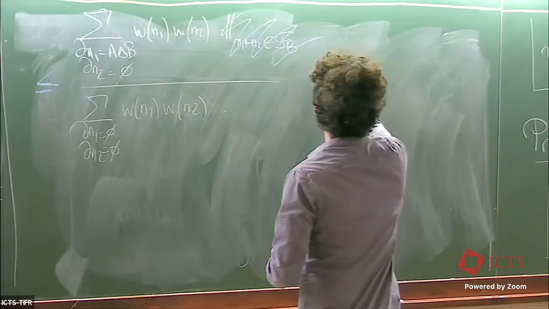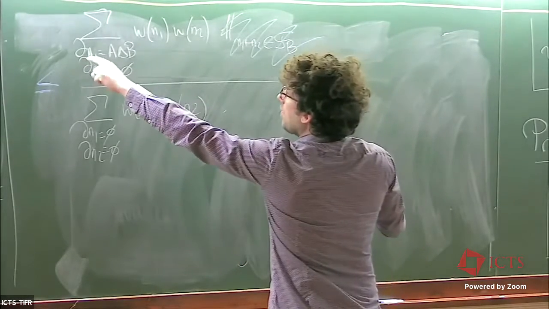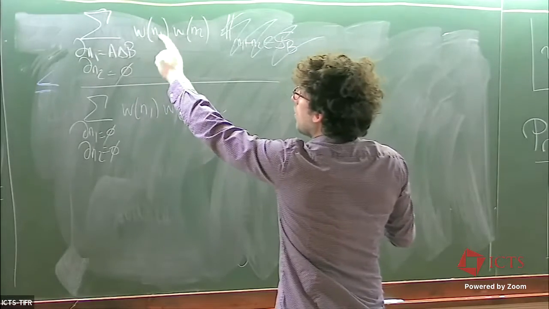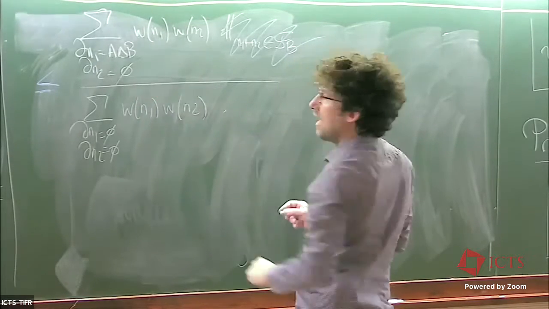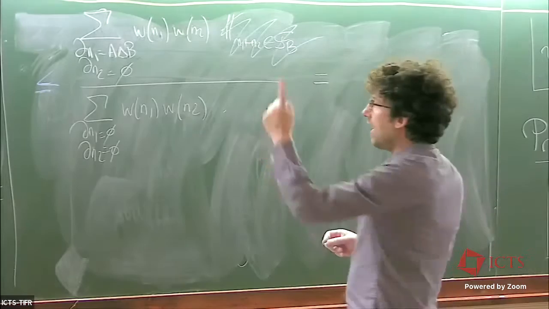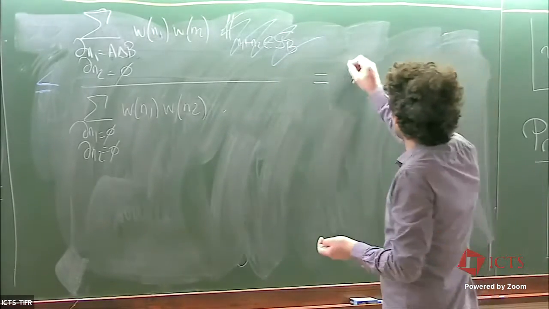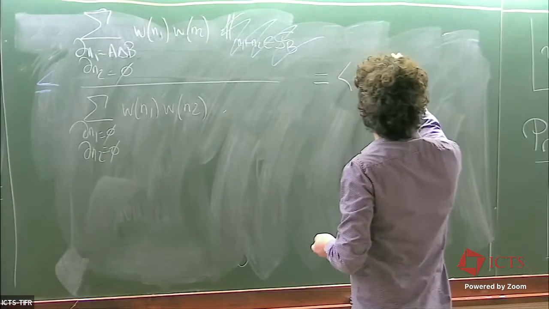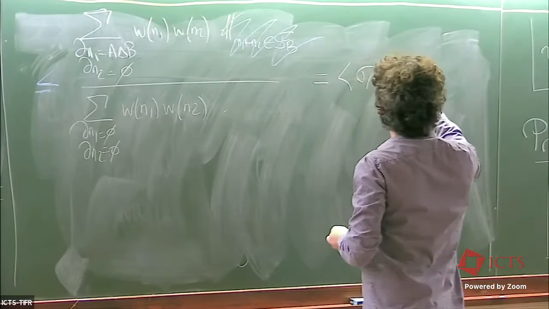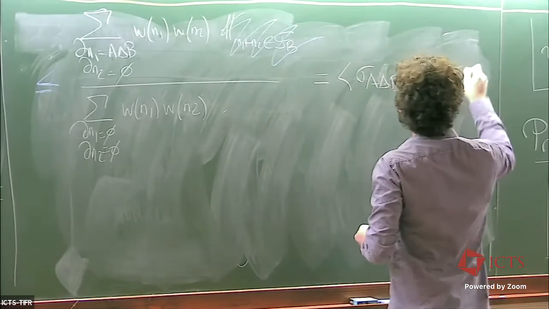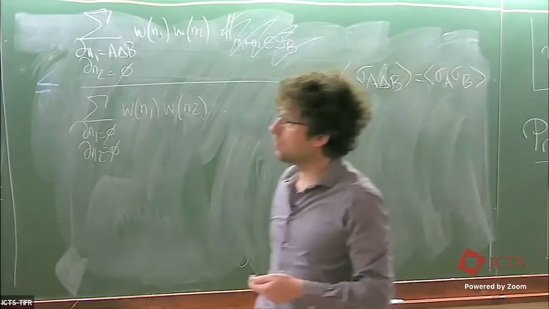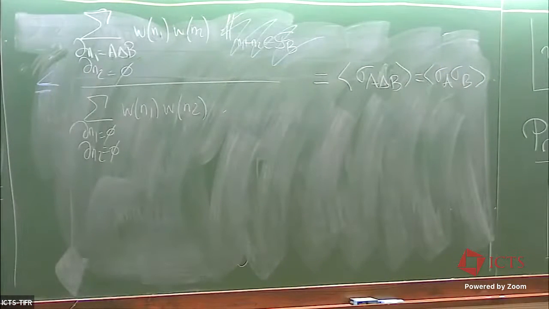So this is nothing else than the sum over currents with sources A symmetric difference B, divided by the sum over currents with no sources. This is just sigma A symmetric difference B, which is, by the way, sigma A sigma B. So what did I just prove? I proved Griffith's second inequality.